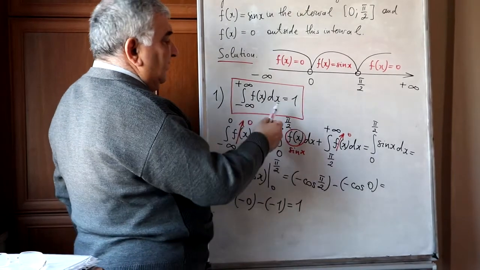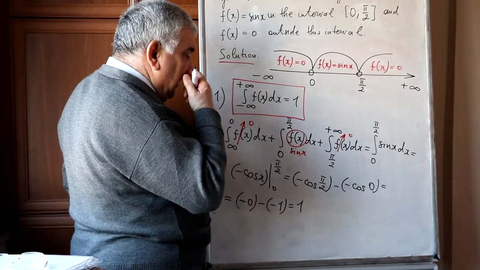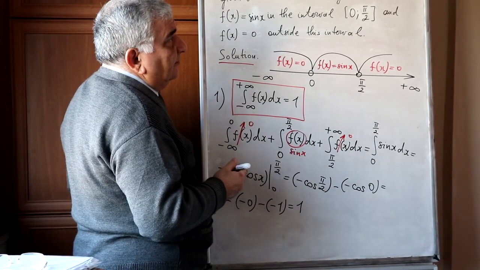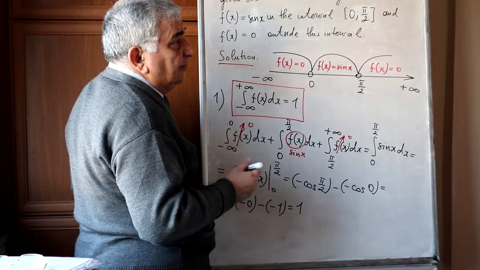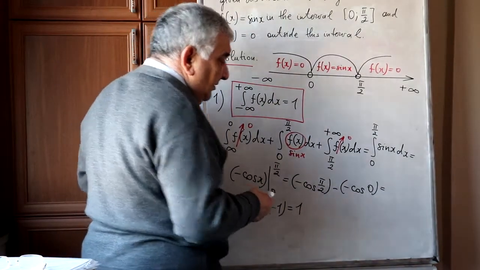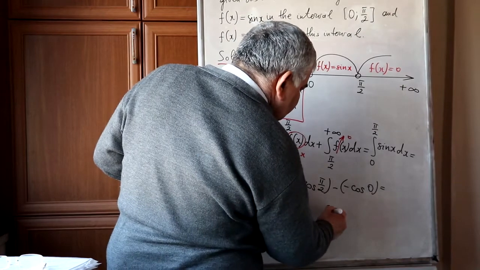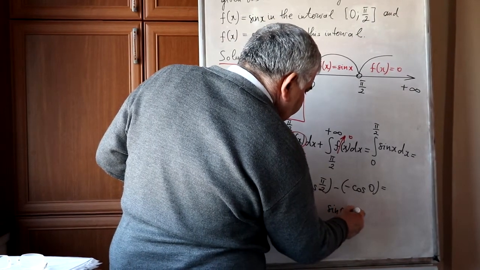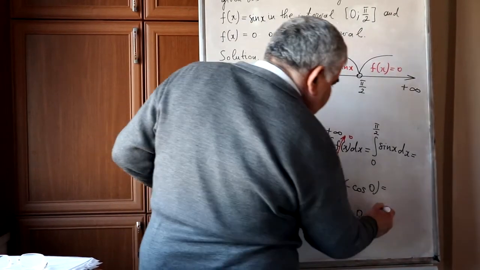This formula is verified. And here you must remember the following equalities. Sine of 0 is 0. Cosine of 0 is 1.